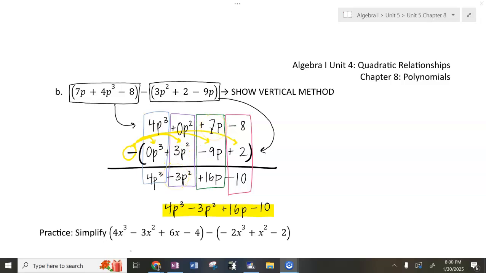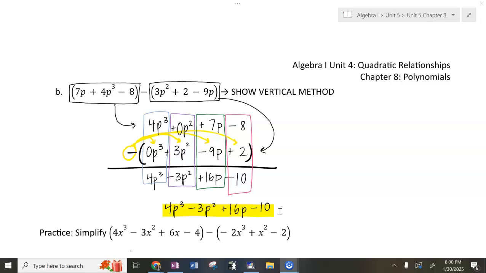Then similarly here, 7p minus negative 9p makes positive 16, because when you're subtracting a negative, you actually could think of that as adding. So think of it 7 plus 9 makes positive 16. And last but not least, negative 8 minus a positive 2, think of it like negative 8 minus 2 makes negative 10. So then you can write out your final answer, and I like to put it in standard form like I said.